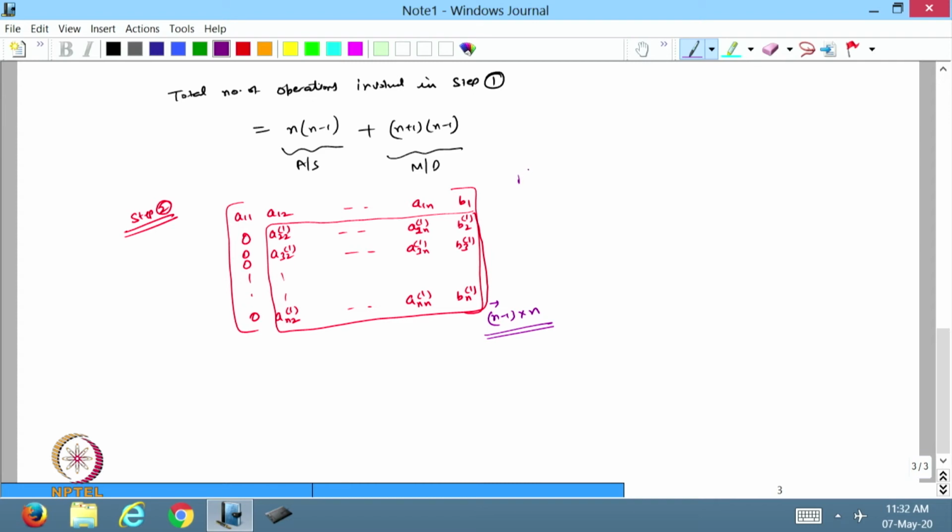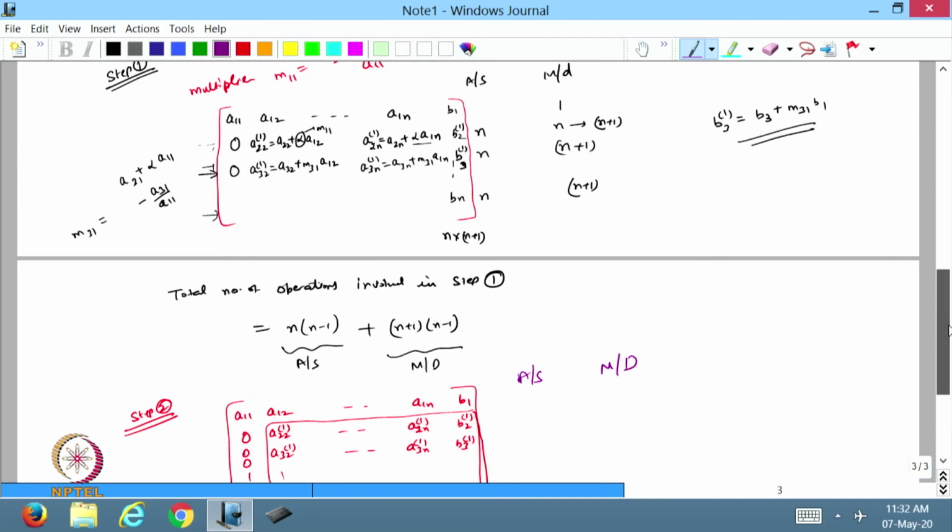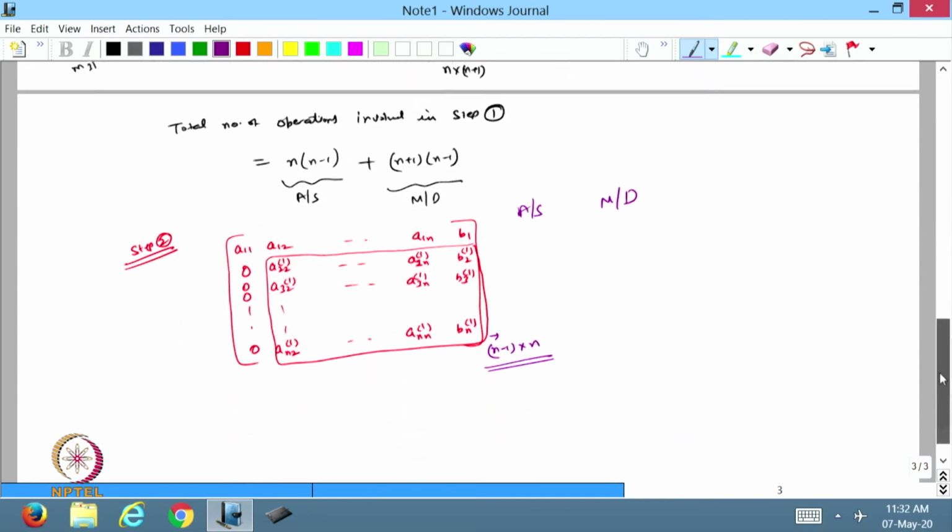So, addition, subtraction, multiplication and division. Now, from here you can see that earlier it was n number of steps, now I am looking at this. So, it has n columns, so it will be n minus 1, n minus 1 and so on.